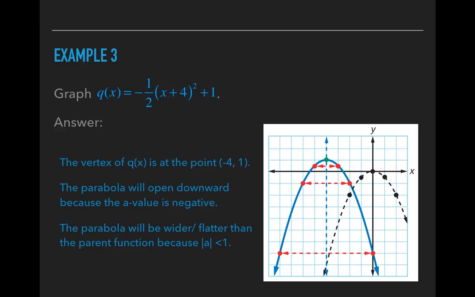And just like a line with 1/2 is kind of flat as its slope, well, this graph is kind of flat because of its a value. So that gives you a comparison. And those other points, I just found them by looking at my table, and that's a great resource to use. Otherwise, you would just have to plug in values to figure them out, which takes a little while. So that is all for this example, and that's it.